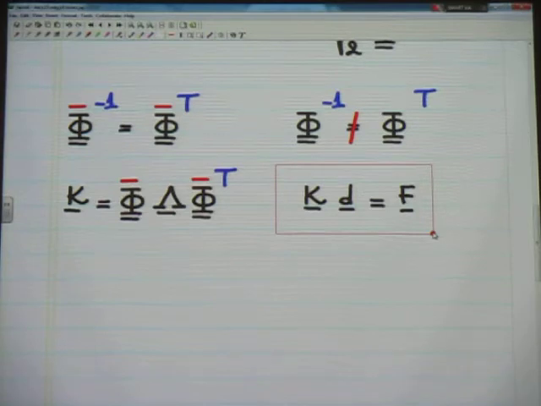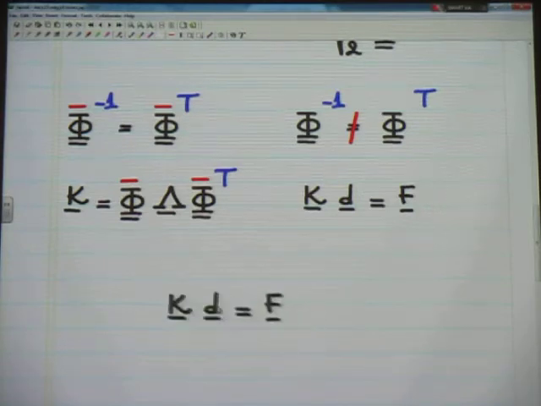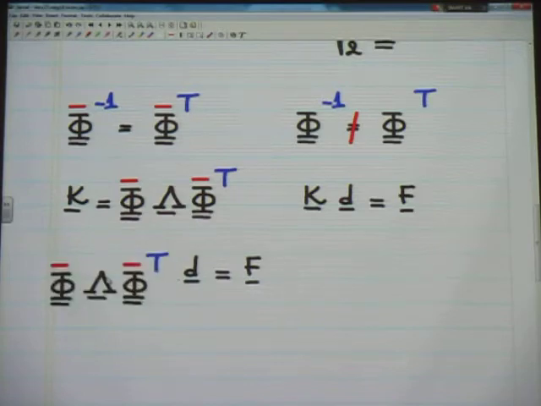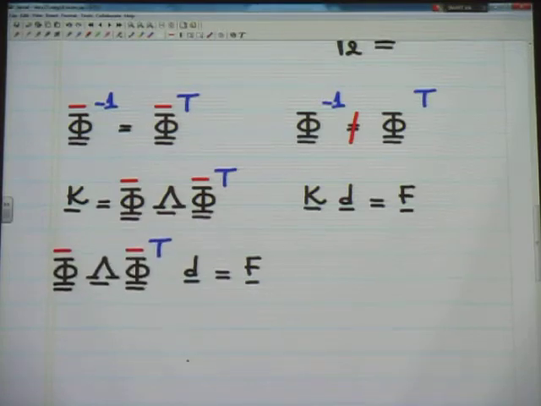So let me put down here, and let me replace K by this one. This matrix here is the stiffness matrix.